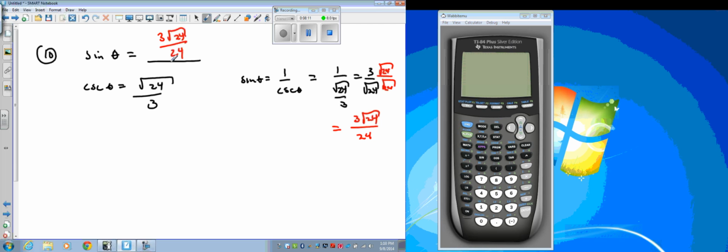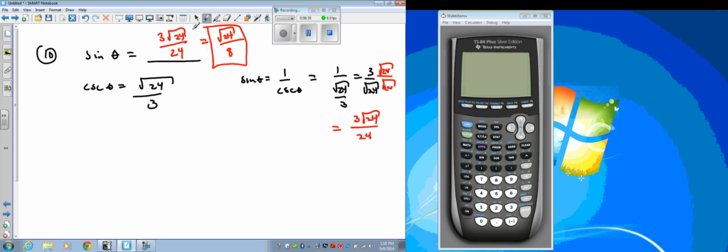Now what you would do is reduce this, and you'd get the square root of 24 over 8. Okay. So that's how you're going to do those problems.